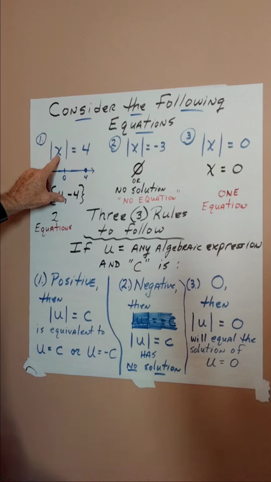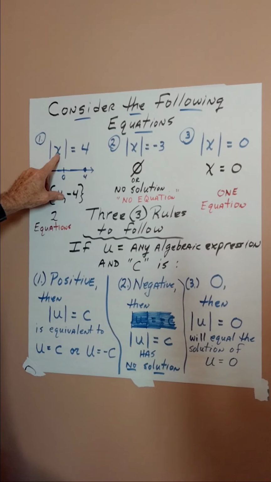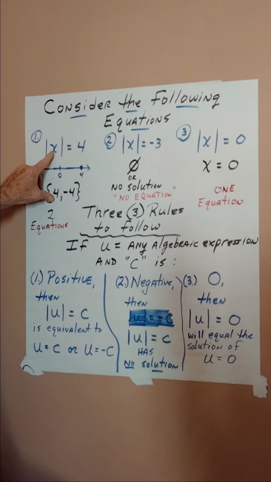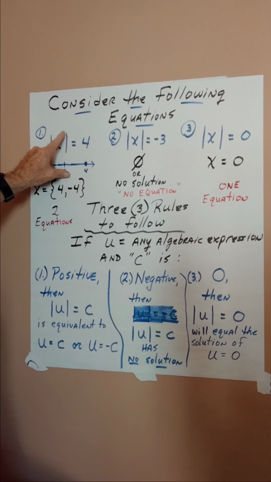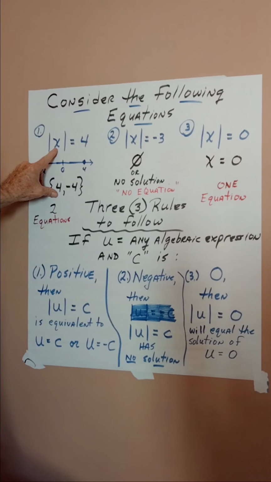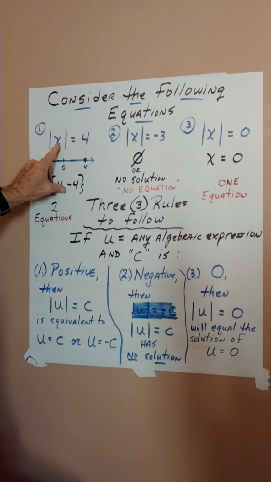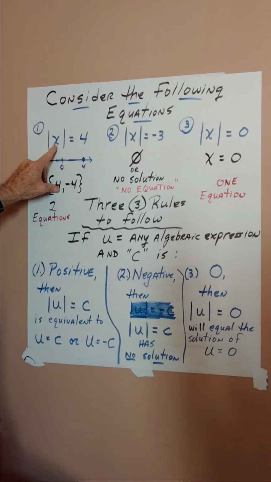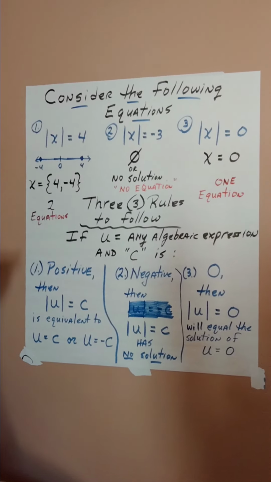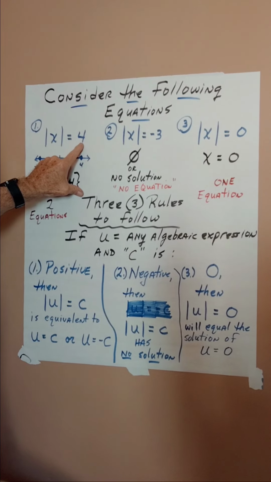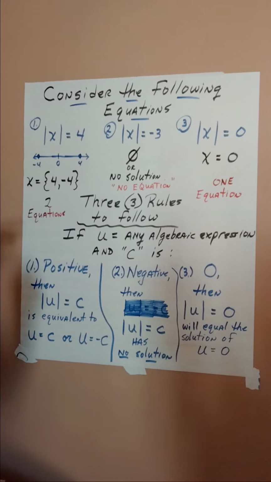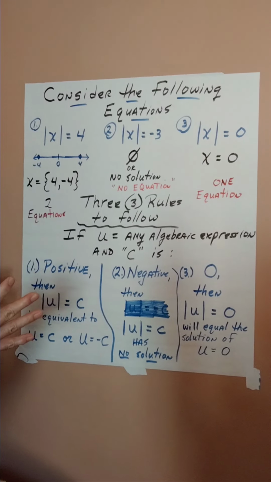Because that variable expression x is within the confines of an absolute value symbol. So the absolute value of x stands for, we want to find the value of x whose distance away from 0 is equal to 4 units away from 0.